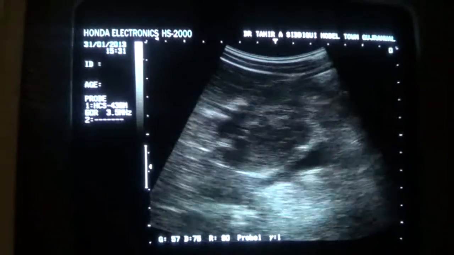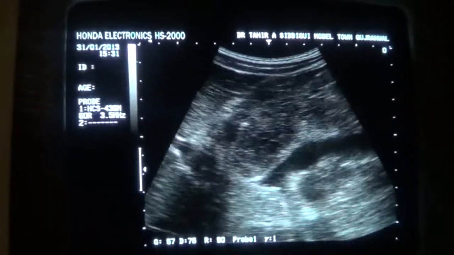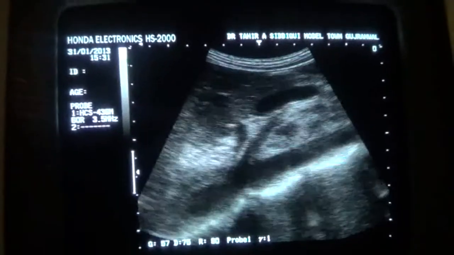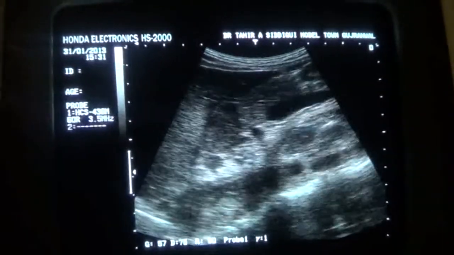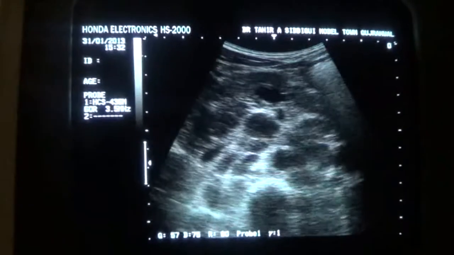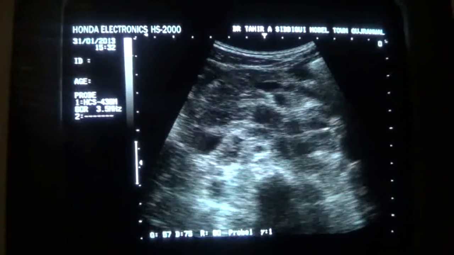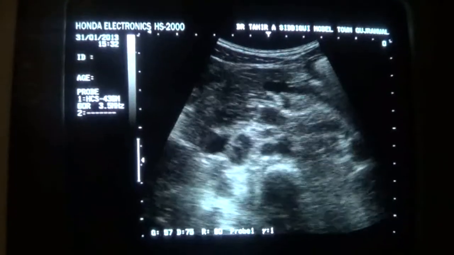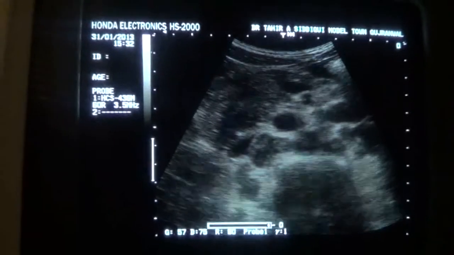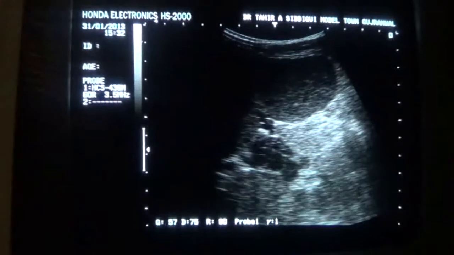And this is the aorta. The IVC. This is the aorta. Here are the nodes. When I go transverse, I see multiple lymph nodes on both sides of the aorta. Similarly, this is the spleen.